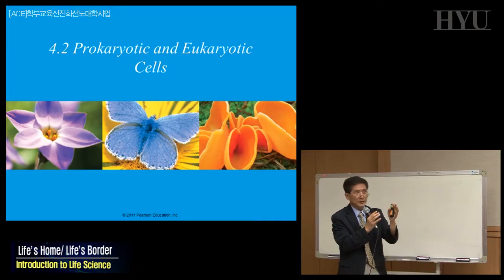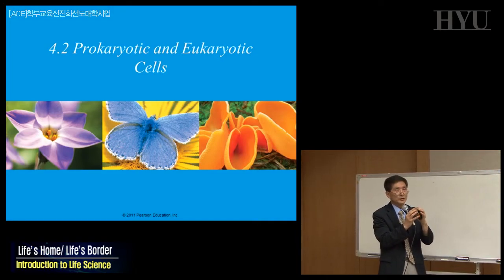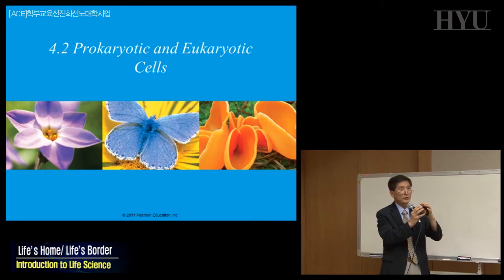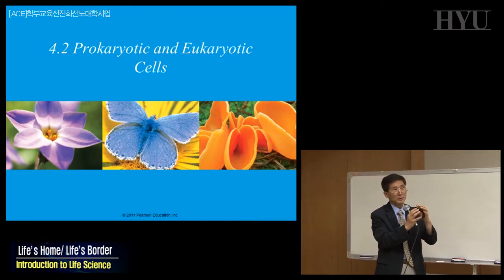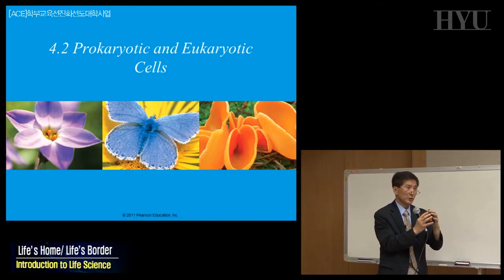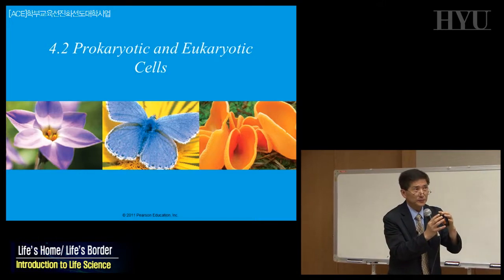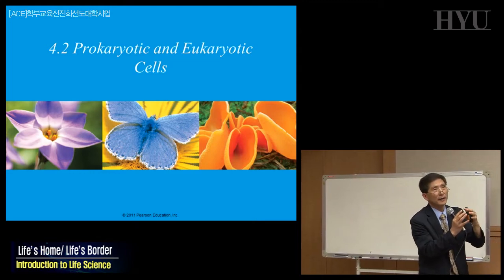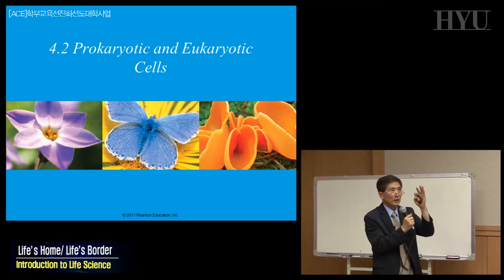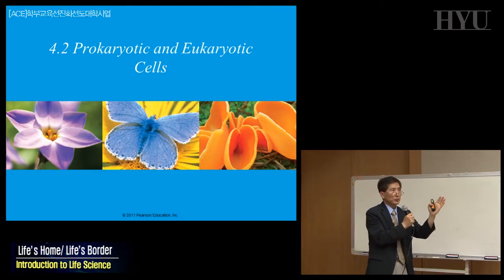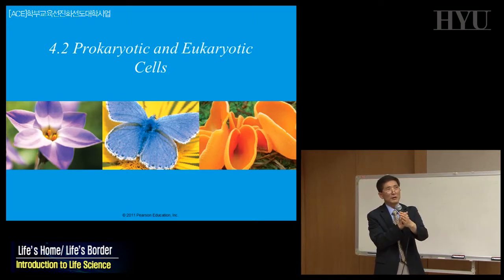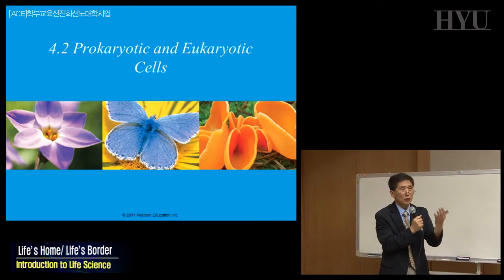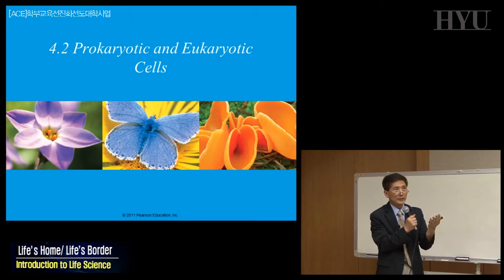The first thing eukaryotes decided to do is keep their genetic information in a safe place, which is the nucleus. So the difference between prokaryote and eukaryote is whether they have a nucleus or not.